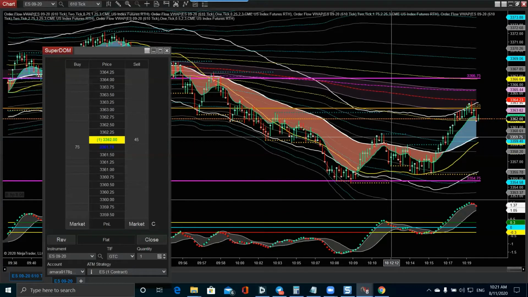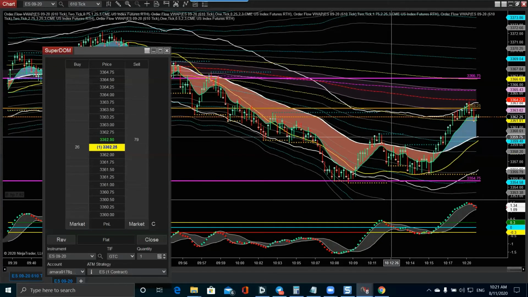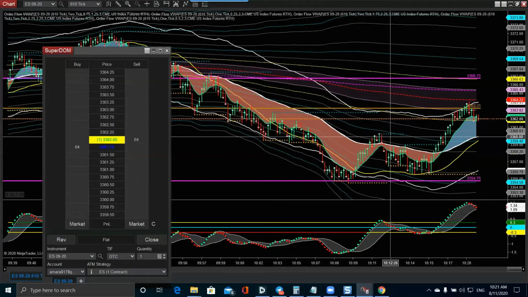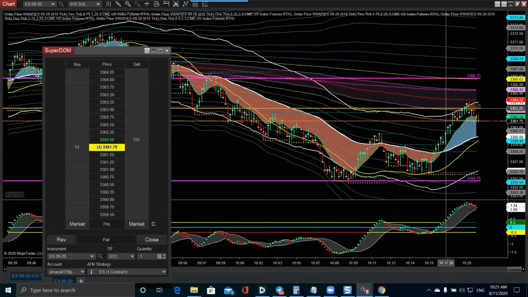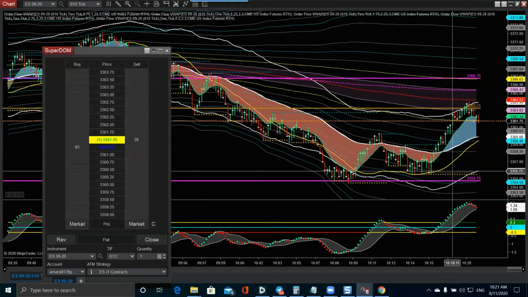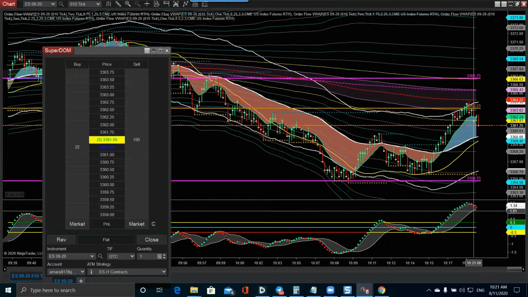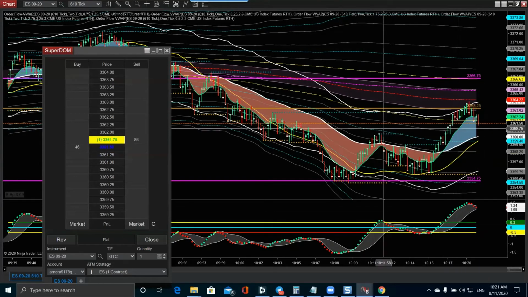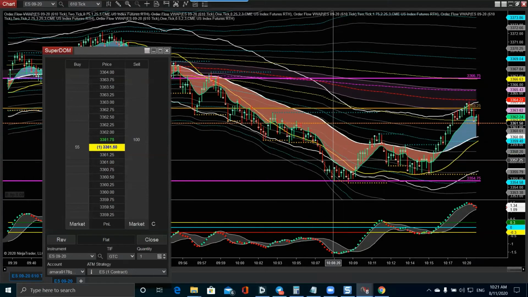I'm already up 301 net on one contract. You can see not strong momentum going down. It's just taking its time. As well as you can see by the dots, I'm well above the +3.